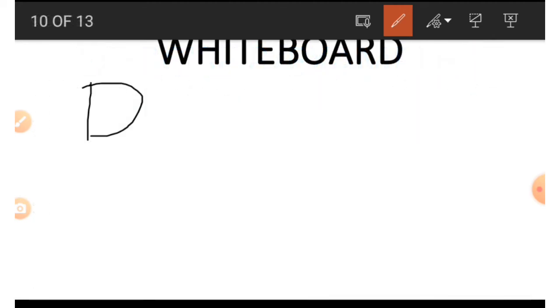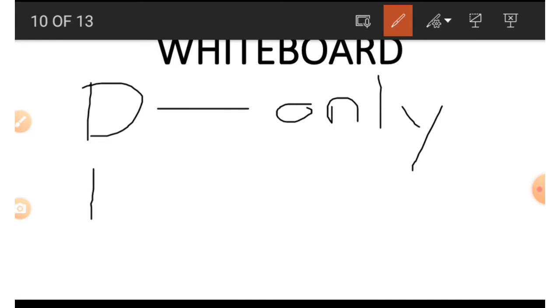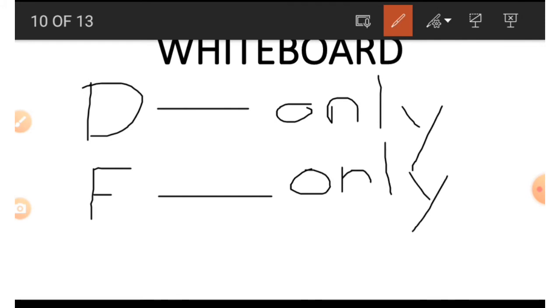Now this place circled blue represent the following. For example, you can be asked to find the portion that represent drama only, that is D, or the portion that represents French only, or the part that represents music only.